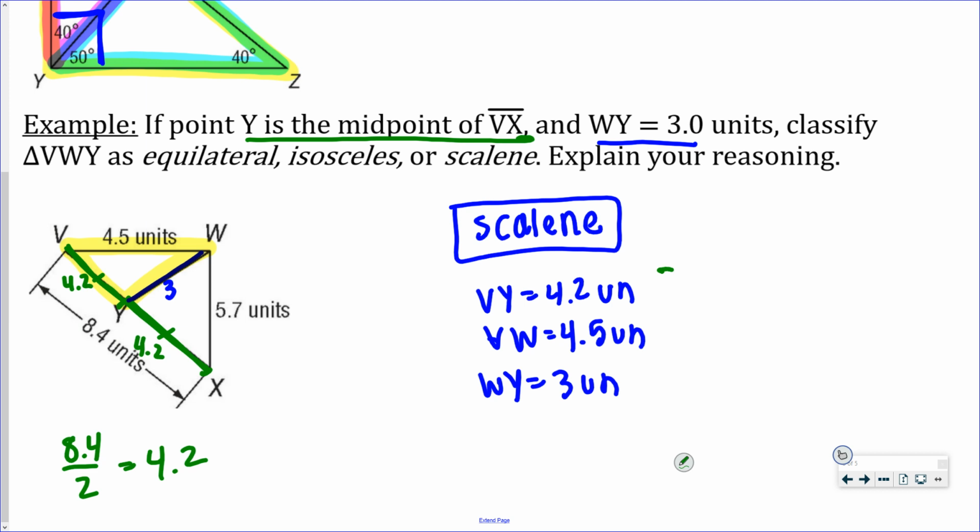And exactly what Matthew said, no sides are the same, or no sides are congruent. You could say they all have different side length measures. But since it has no congruent sides, scalene. Okay, we only have 4 problems left to go.